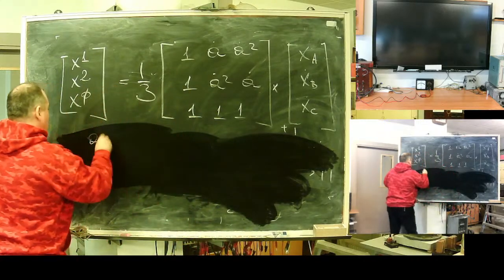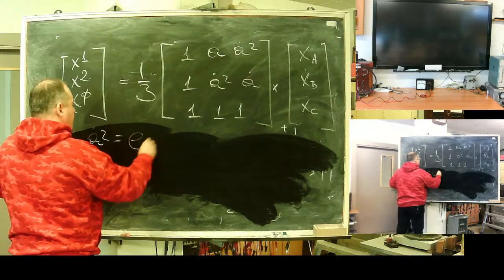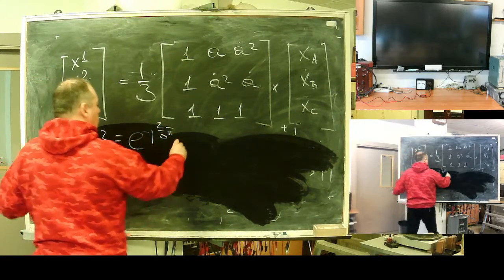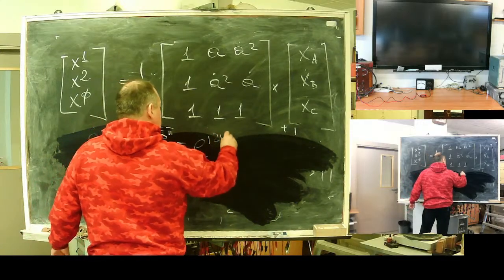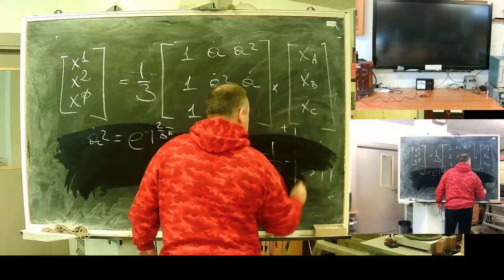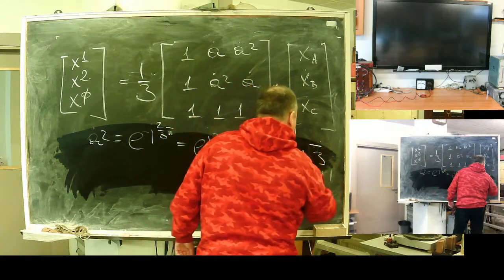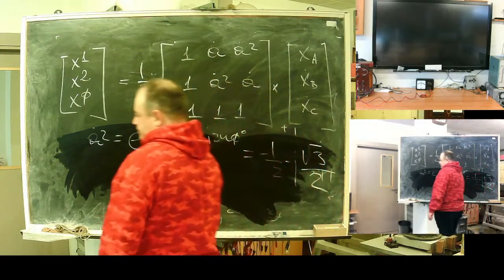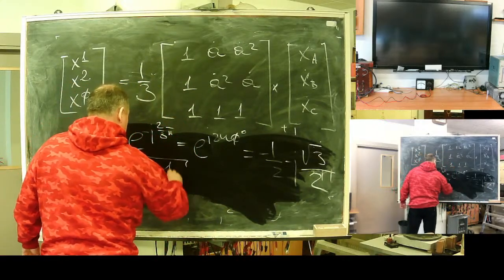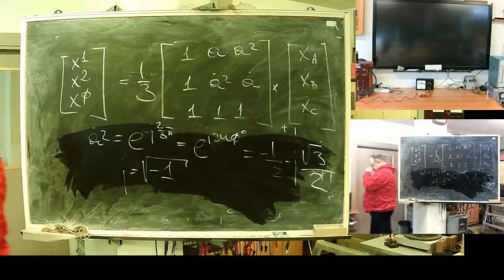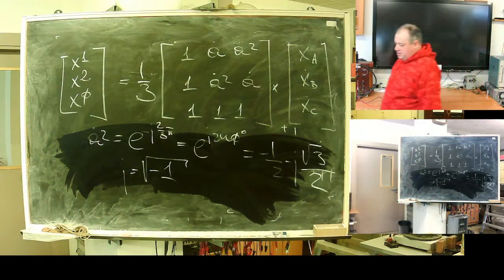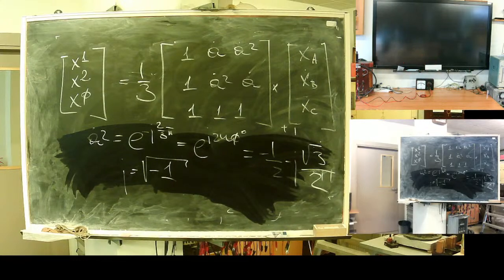So, a square is a power minus j 2/3 p, or a power j 230 degrees, or minus 1/2 minus j square root of 3 divided by 2. A is a square root of minus 1. Here is the basis of the Fortescue transform.